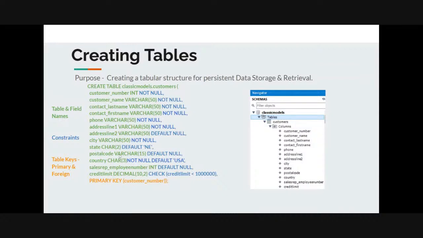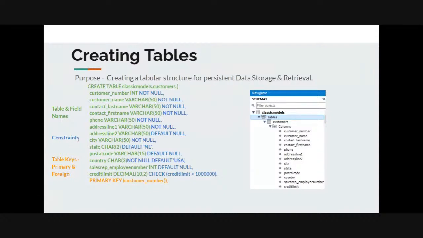Then you have postal codes, your country, and then sales rep employee numbers. So you have employee numbers, and then credit limits for the customers. So decimal 10.2, that will give you 8 digits with 2 of them at the end.